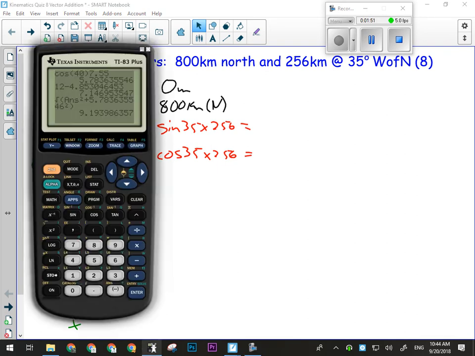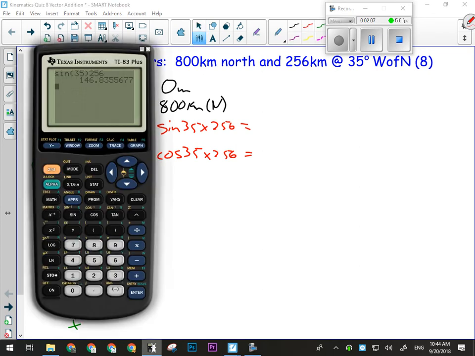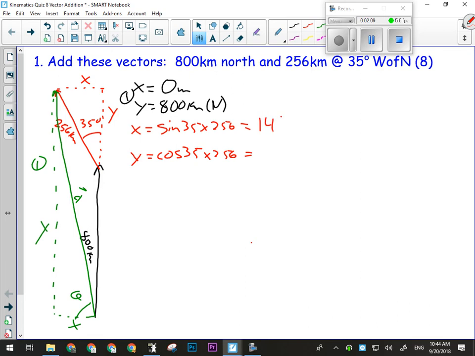So we have the sine of 35 times 256, which is 146.836 kilometers, and that is west.